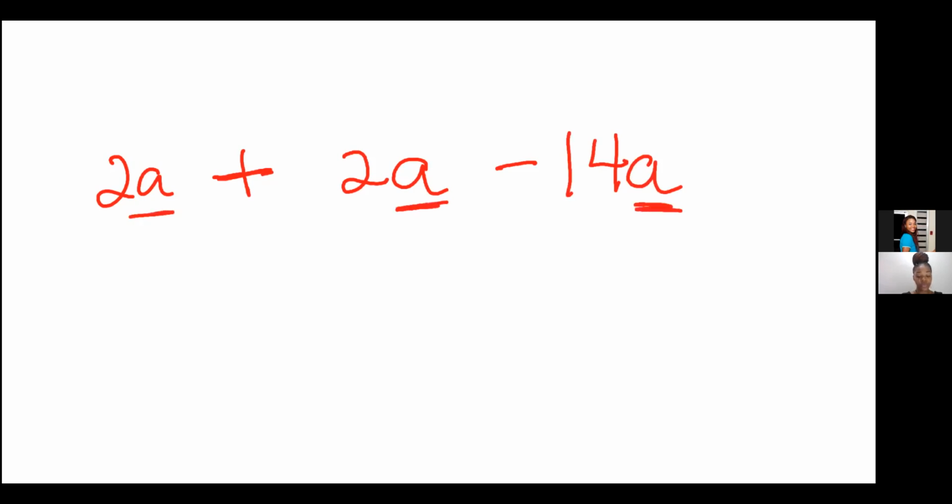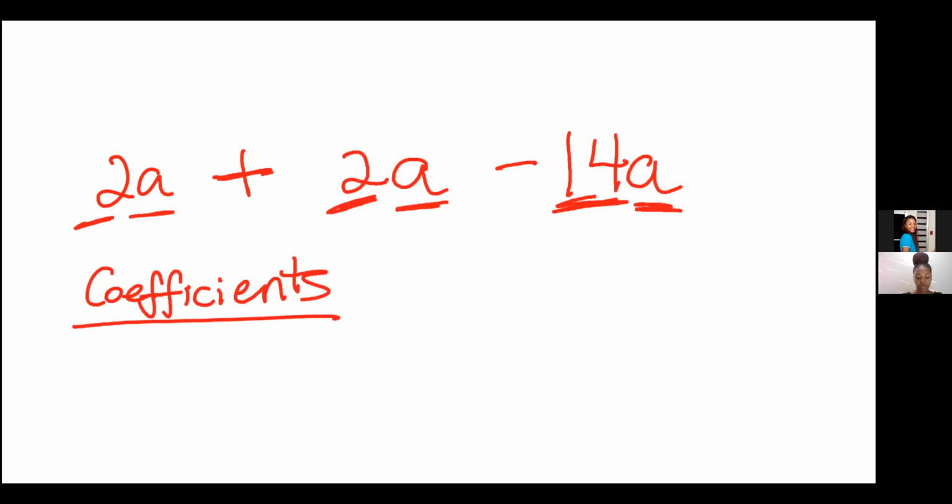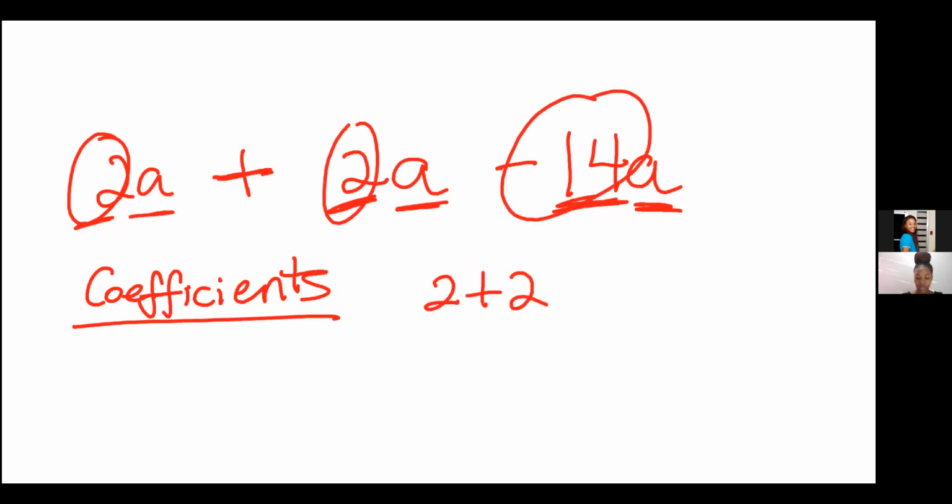So we're going to use the numbers in front, which are the coefficients, right? The coefficients. We're going to add up the coefficients. So that's 2 add 2 minus 14, which is 2 plus 2, which is 4.